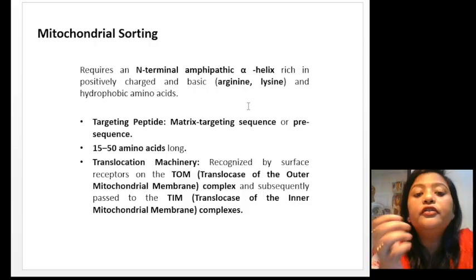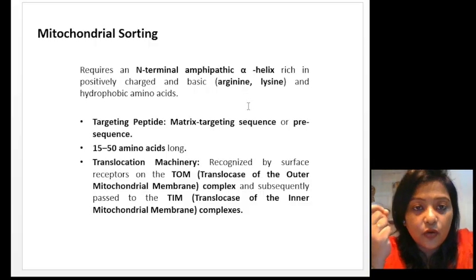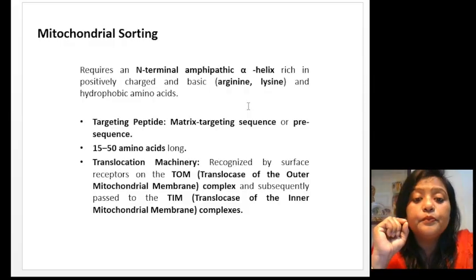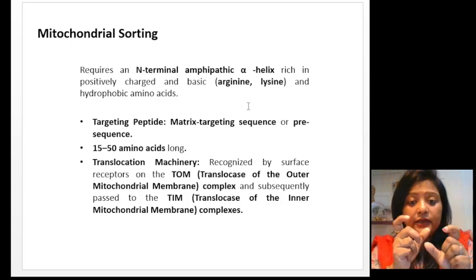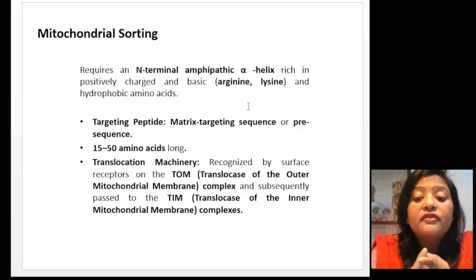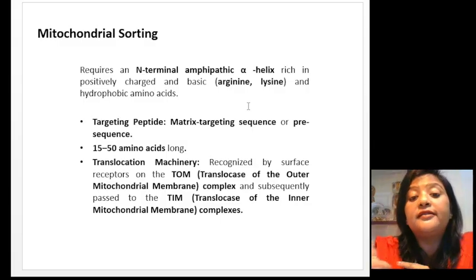So mitochondrial sorting will occur when they have an N-terminal amphipathic alpha helix, rich in positively charged, basic and hydrophobic amino acids like arginine and lysine. This targeting peptide is also known as the matrix targeting sequence or pre-sequence, which is 15 to 50 amino acids long.